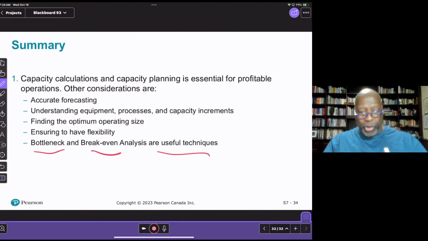All right. So we focused a bit on capacity analysis, recognizing that if we don't know the capacity of our processes, it's difficult for us to make promises around service time. We don't know how long it's going to take to serve a customer.